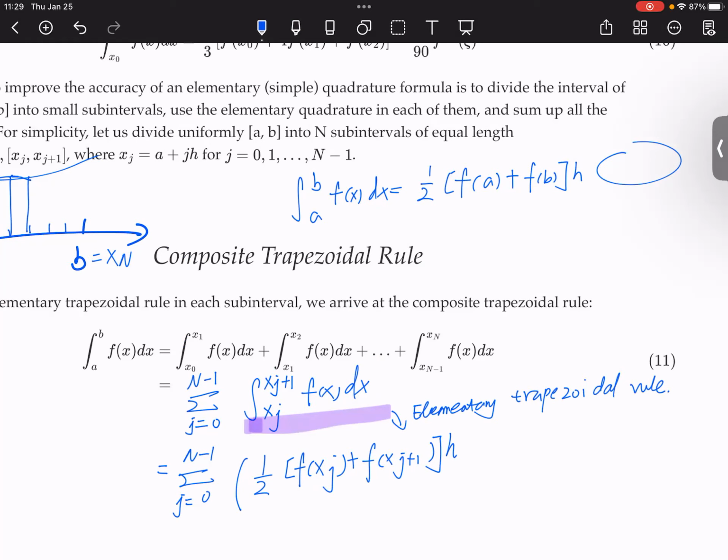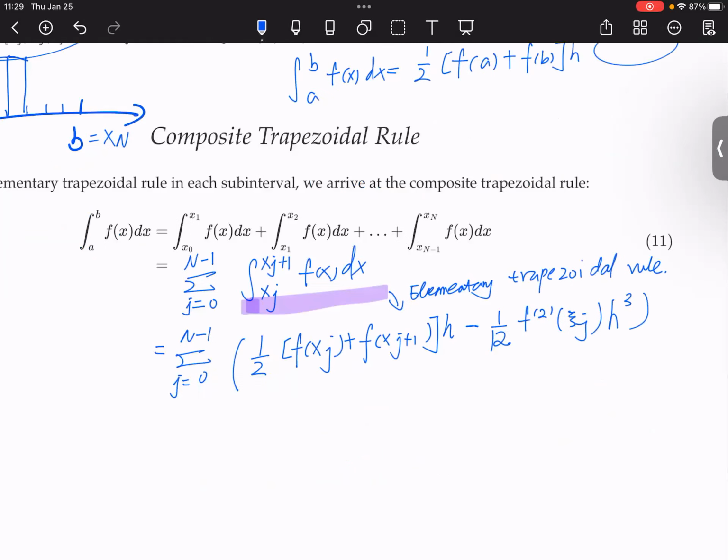This is the trapezoidal rule, and there's an error term from the trapezoidal rule, which is negative 1/12 times the second derivative at cj, times h cubed, where cj is in the interval xj to xj plus 1. This is how we apply the trapezoidal rule to a small subinterval.